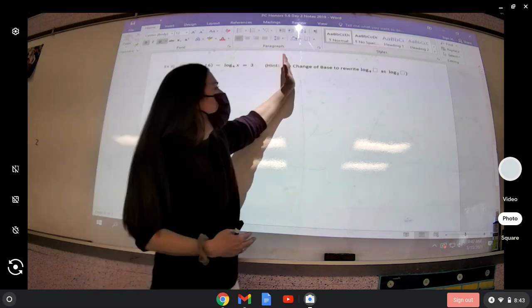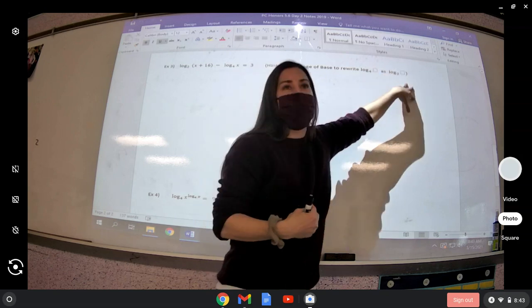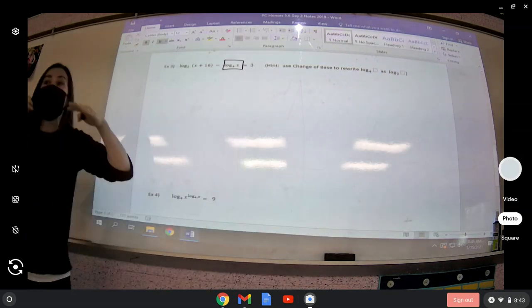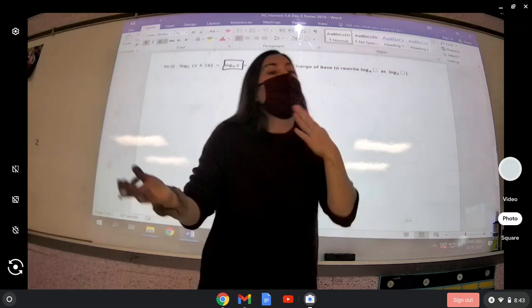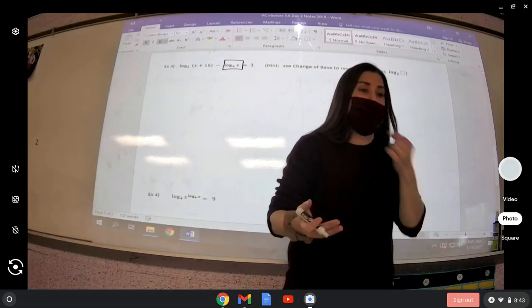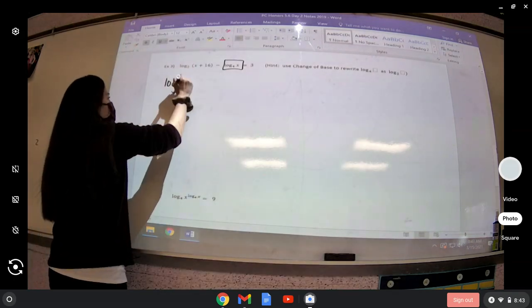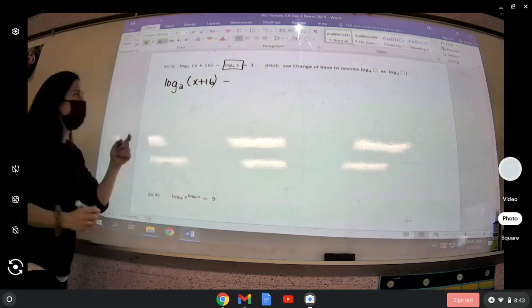So they give you a hint. Use the change of base formula to rewrite log base 4 as log base 2. So we're going to rewrite this log base 4 as a log base 2, because then we'll have everything in the same base, and now maybe there are properties that we're going to be able to use. All right, so log base 2 of x plus 16 is going to stay, minus.